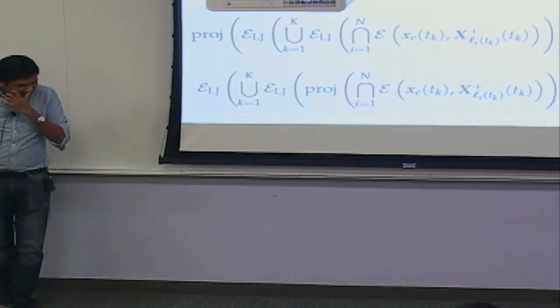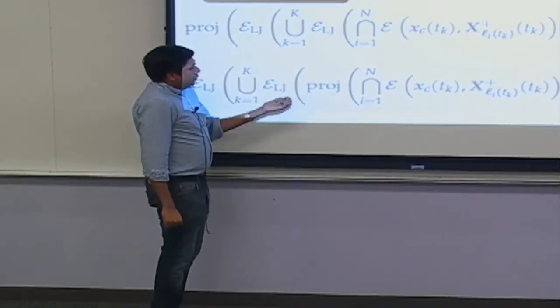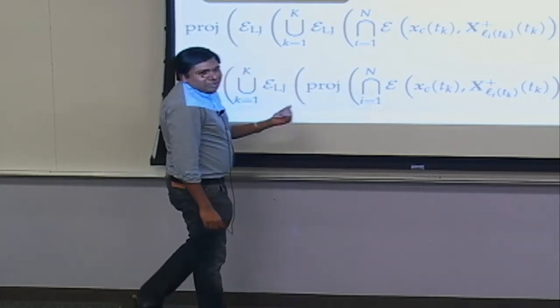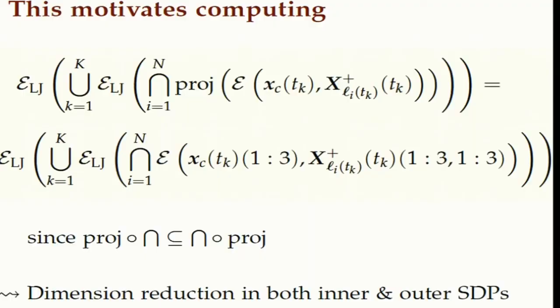Now, intersection is a curious business. In general, I cannot interchange transformation and intersection unless the transformation is injective. But it is true that the projection of an intersection is a subset of the intersection of the projections, and depending on the shape of the ellipsoid, you may even achieve equality. I'm not going to go into details.